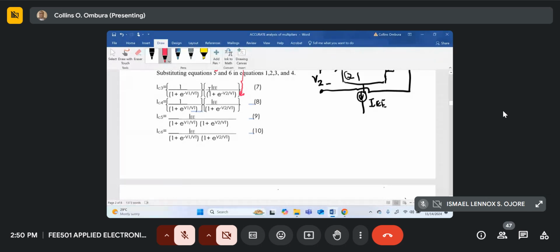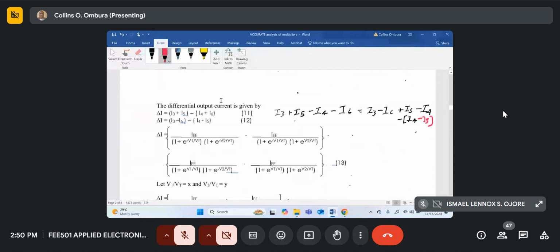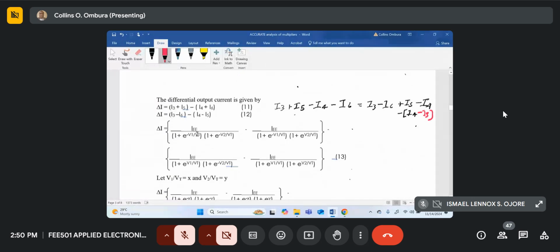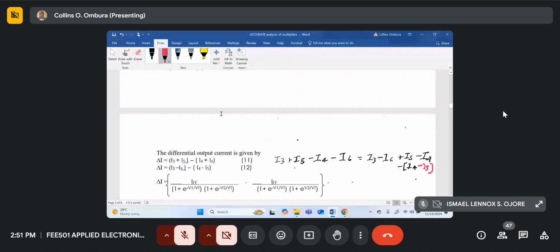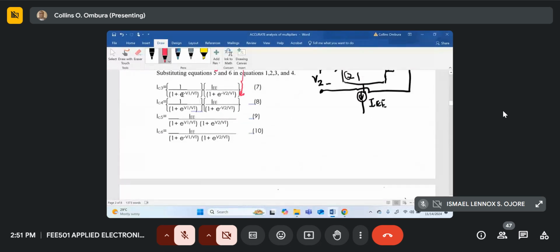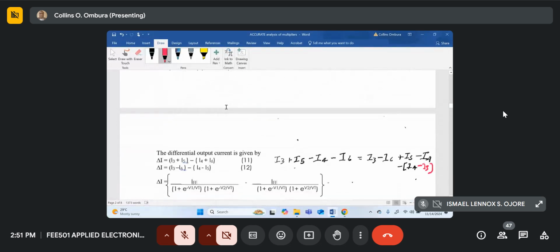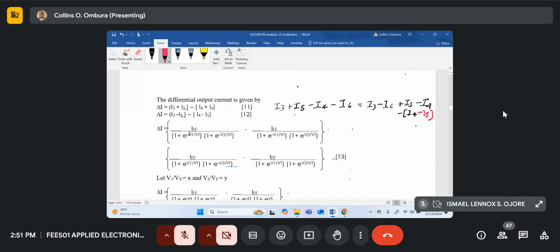I3 can be written as IEE all divided by 1 plus e to the minus V1 by Vt, close the brackets, into 1 plus e to the minus V2 by Vt. So you can check it. The first term is minus, second term is minus. I3, the numerator is minus V1 minus V2, and here you have it, minus V1 minus V2.